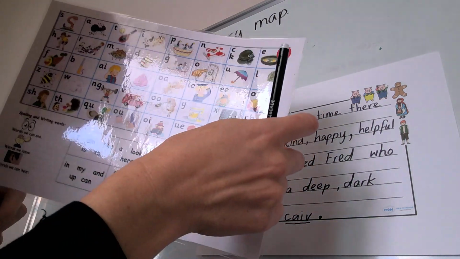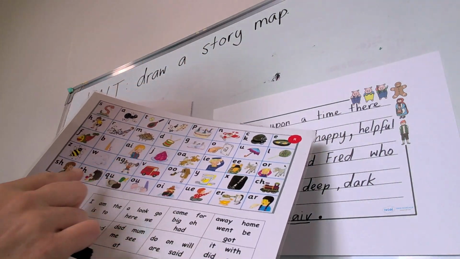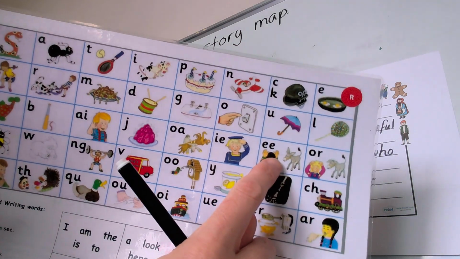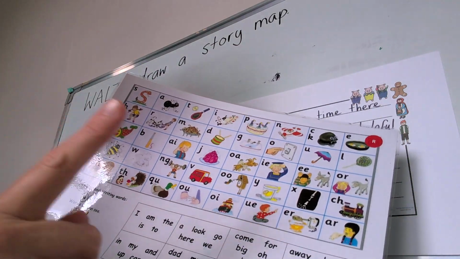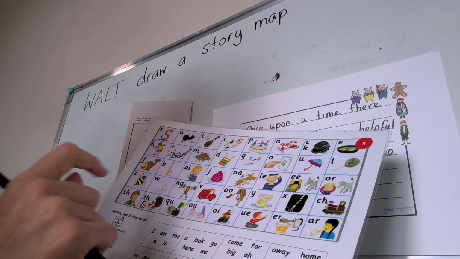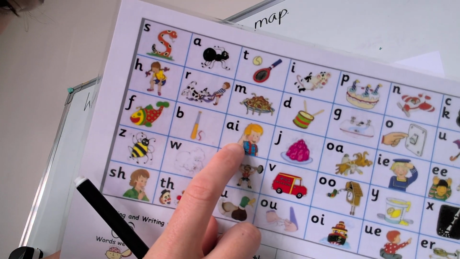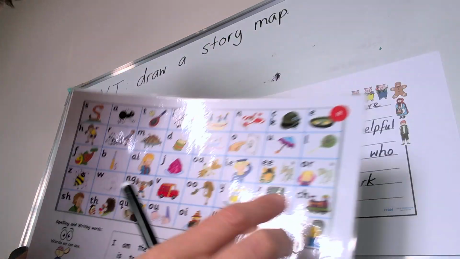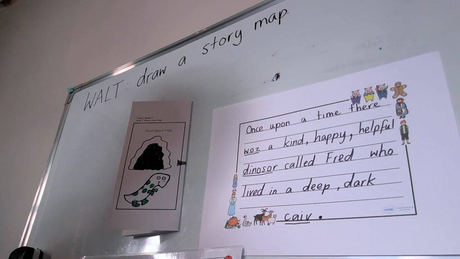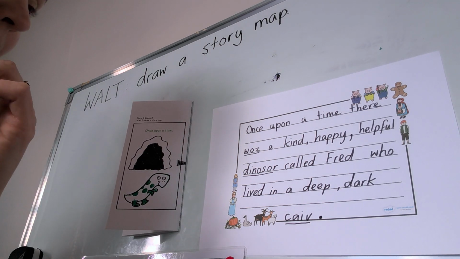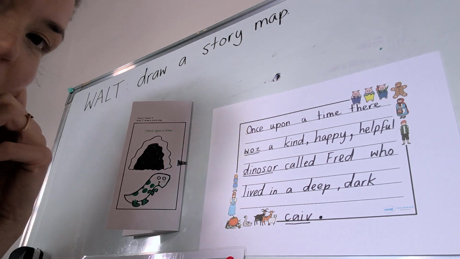I have used my sound mat to help me find the sound E and the sound A here. These are important sounds for us this week, so let's try to use them. So that is the beginning of my story.